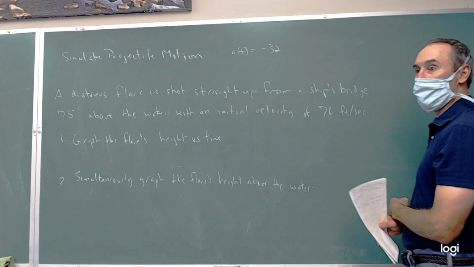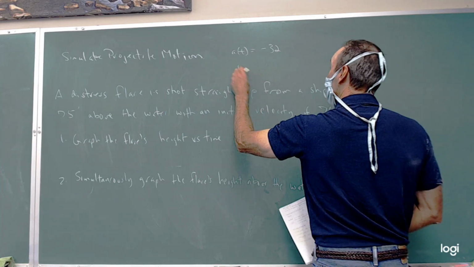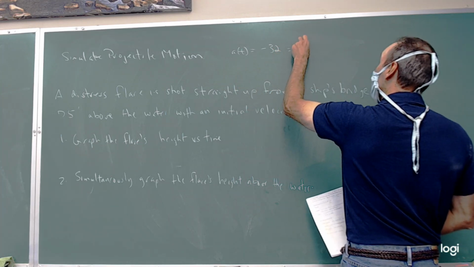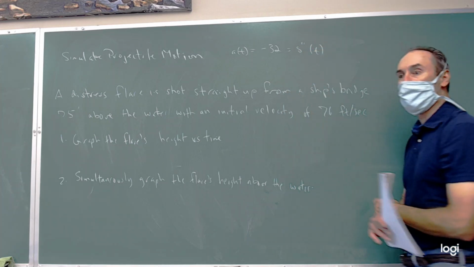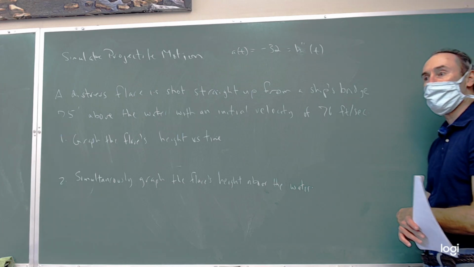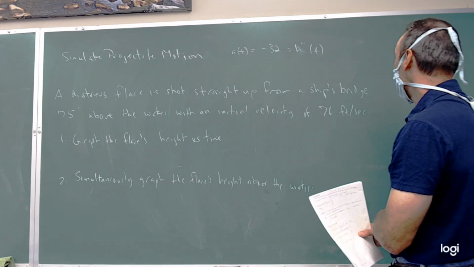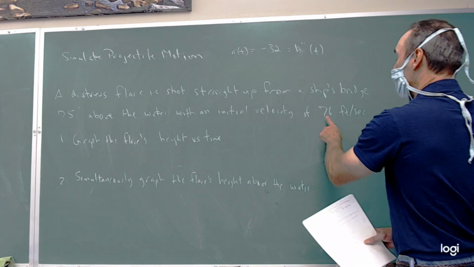So that's our acceleration. It's a constant. And this is going to be like the second derivative of position, or we're going to call it height. So let's call it h double prime of t. Is that okay? And we know that its initial velocity is 76.